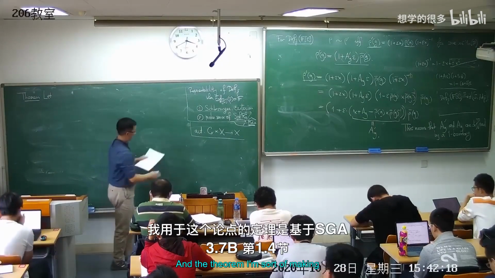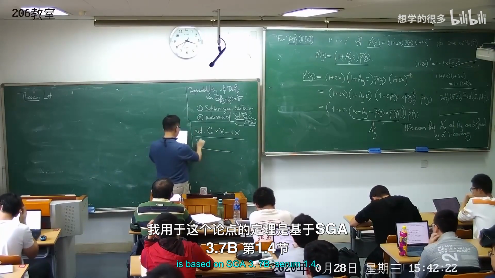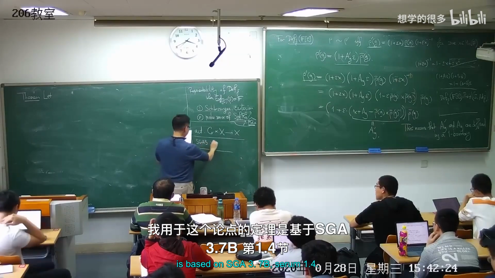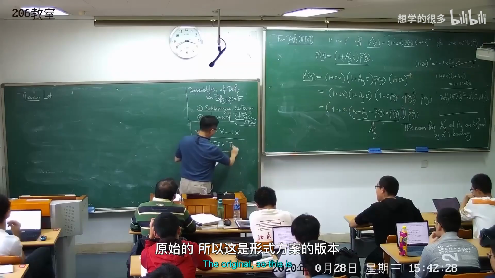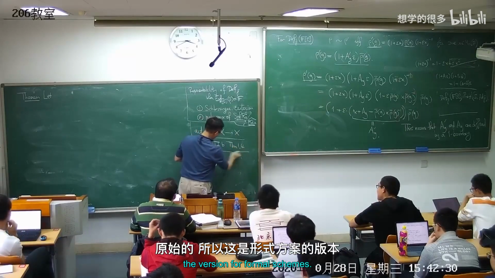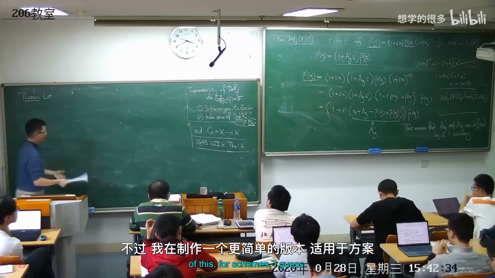The theorem I'm basing this argument on is SGA3, 7b, theorem 1.4. This is the version for formal schemes, but I'm making an easier version of this for schemes, I guess.